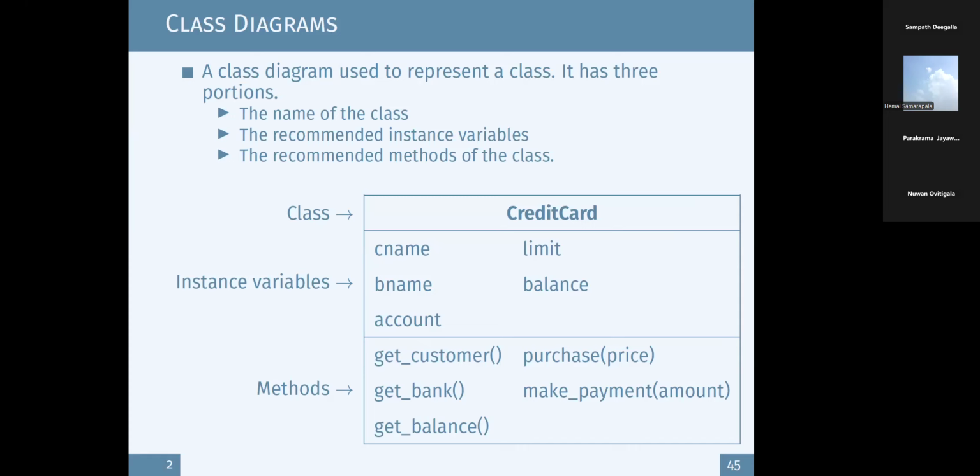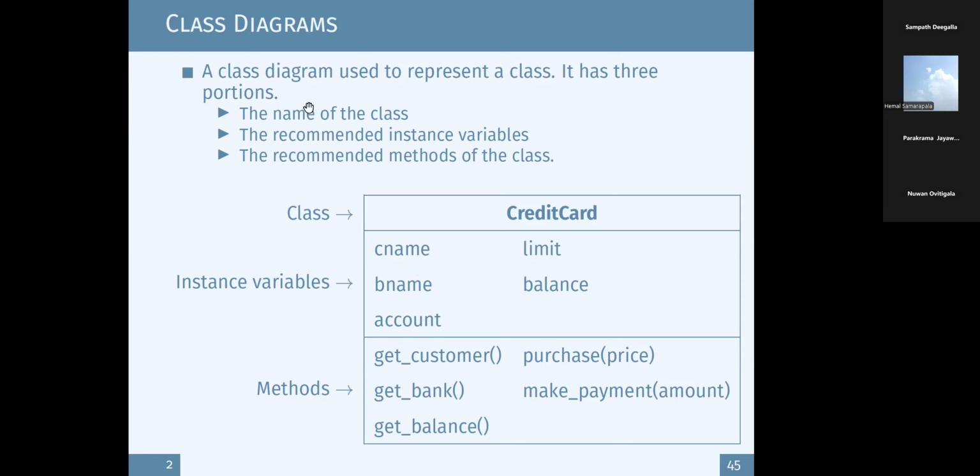Now, the next thing is when we design a class, there is a graphical representation. Like in algorithms, we use flowcharts. In classes, we have this simple representation where you use a box like this. Then we have a class name, and then a set of data items and then the methods.